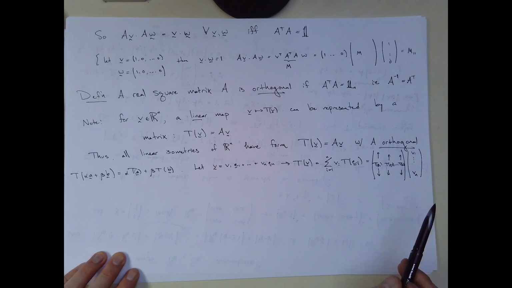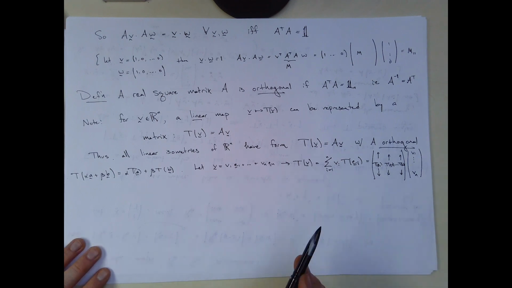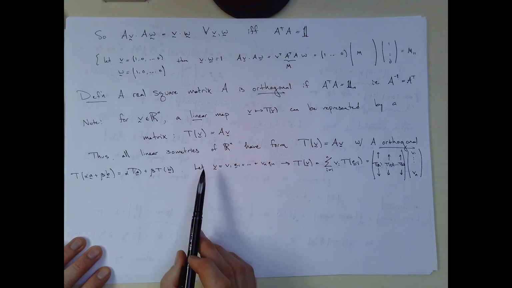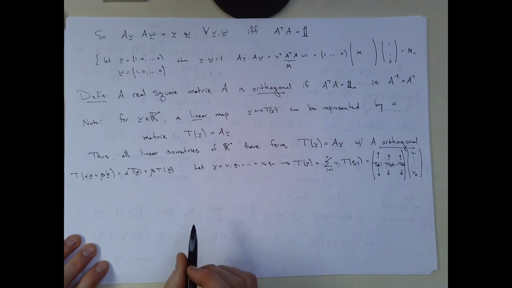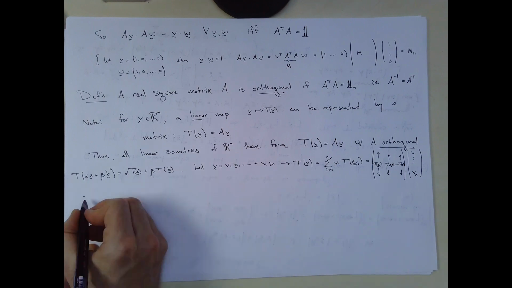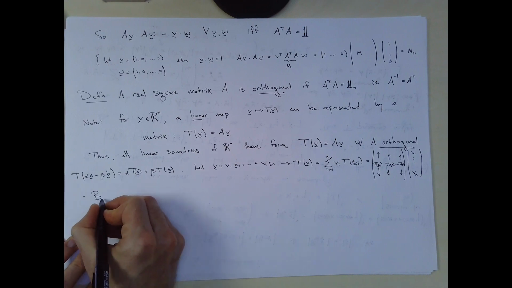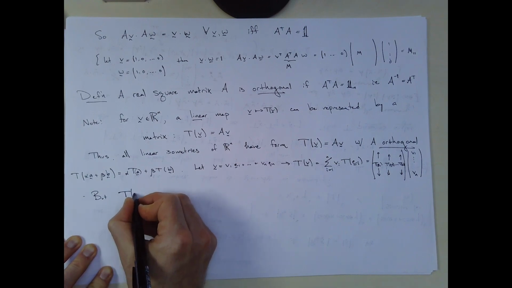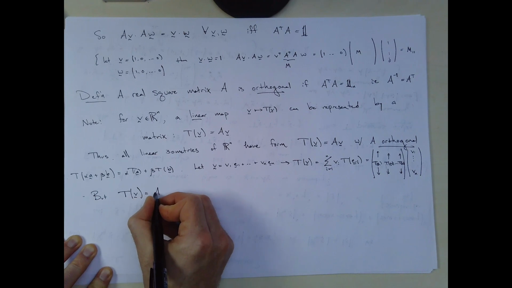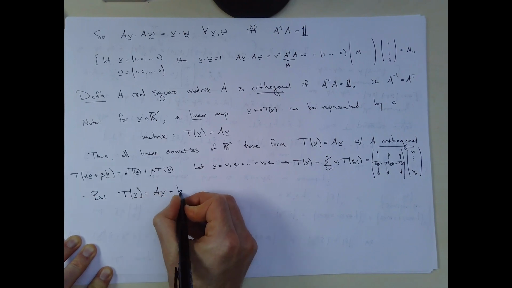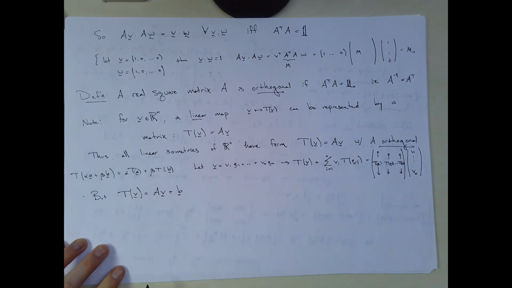Final point is that to the question of whether there are other isometries, there are. So consider this map.